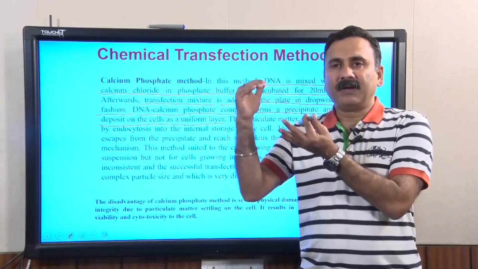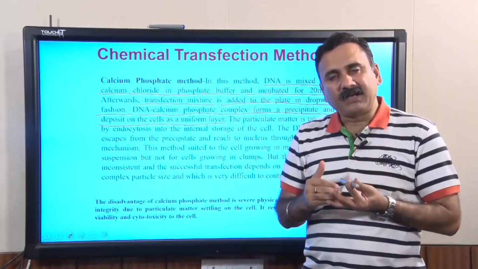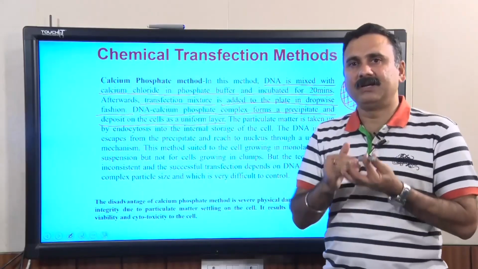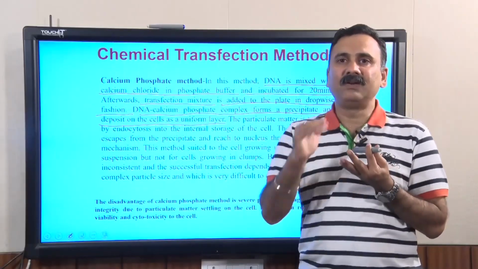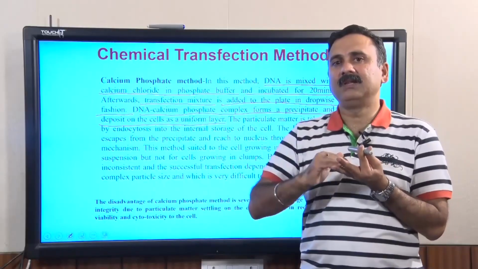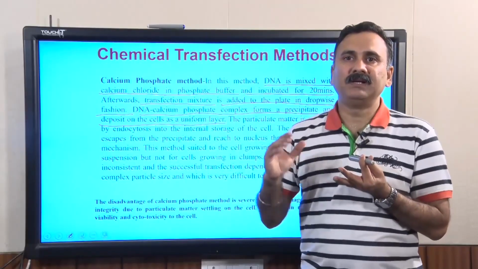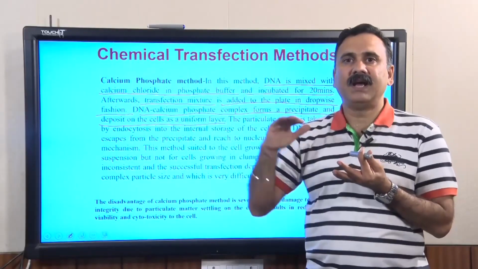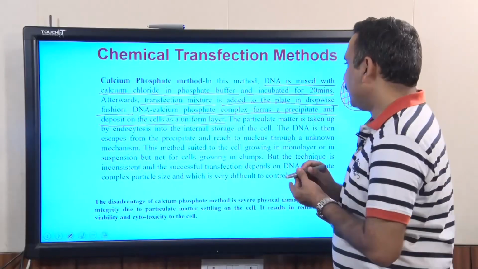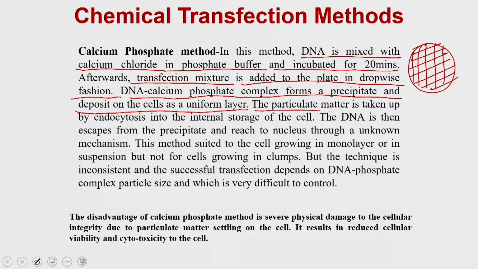So, the cell is going to actively take up the particles which are being spread on it as a powder, and the particulate matter is being taken up by endocytosis into the internal storage of the cell.